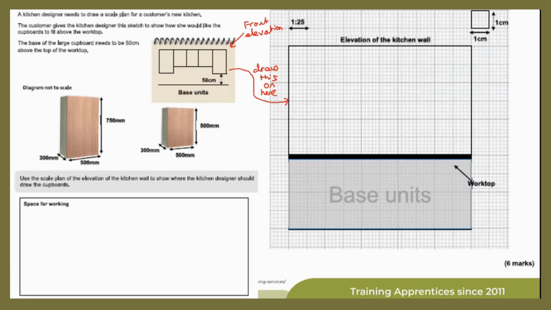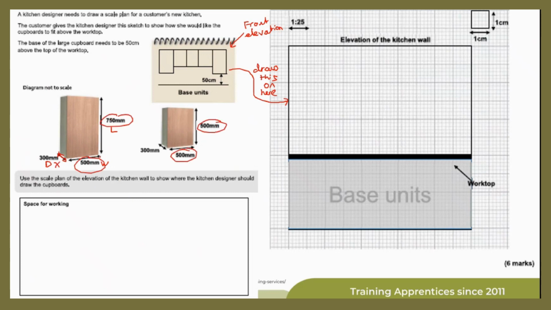We have got 3 measurements to deal with. Remember, you are only ever dealing with length and width. Here, this measurement here is the depth. So because this is 3D and we're transforming to 2D, you do not need that depth measurement. We are only dealing with length and width.